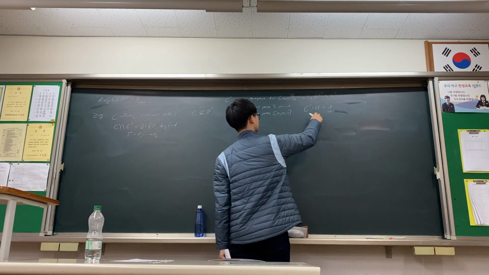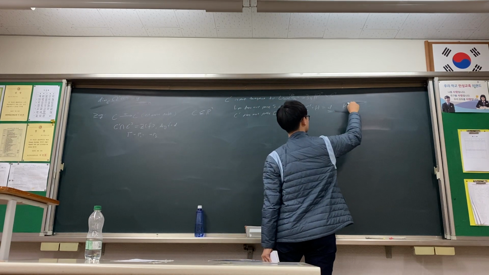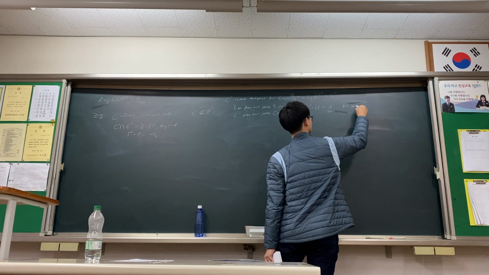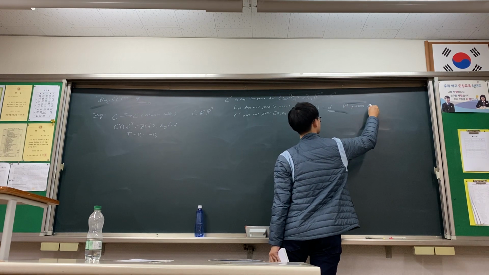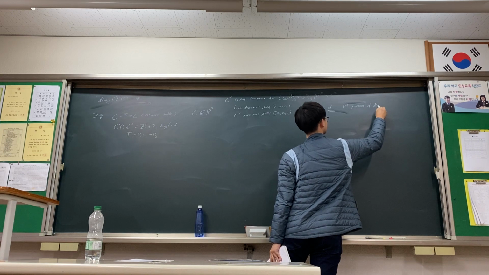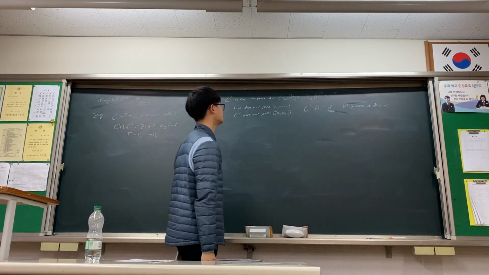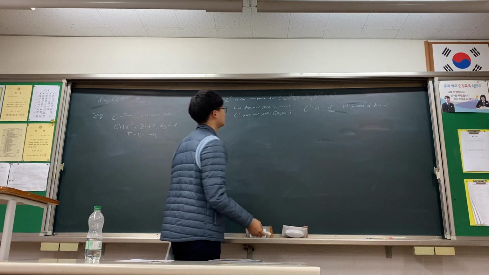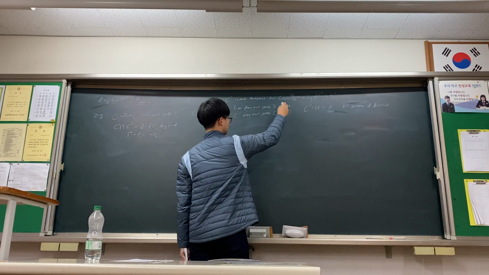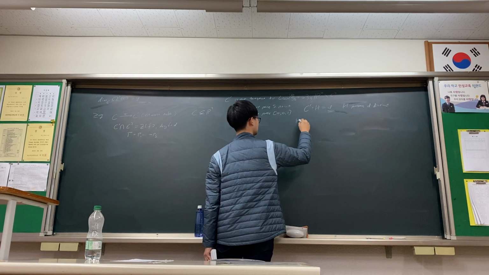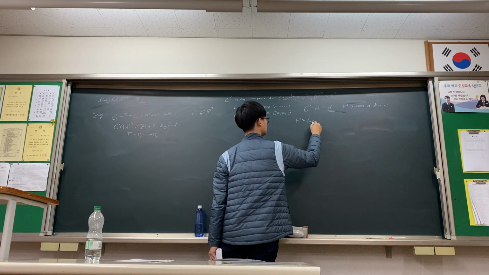So let's say H passes D distinct points. Then we just let H equal L infinite.